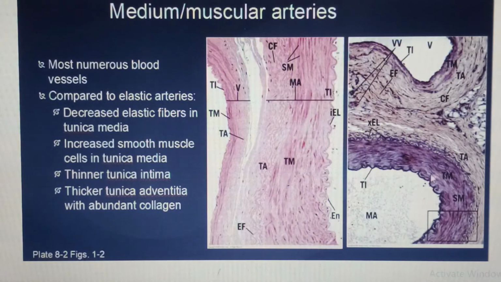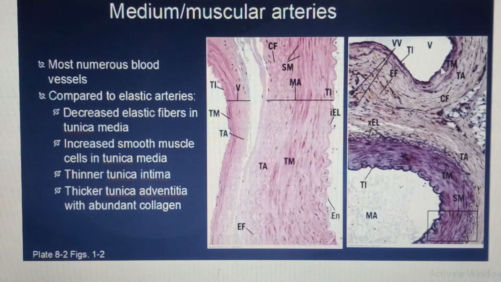So there's the tunica media, the muscle layer, then of course there's the tunica adventitia. Now one thing that can also help us distinguish between the artery and the vein is that in the vein, the tunica media and tunica adventitia tend to blend, because in the tunica media we have a lot of infiltration of fibroblasts. Fibroblasts secrete collagen fibers, which we expect to be in the tunica adventitia.